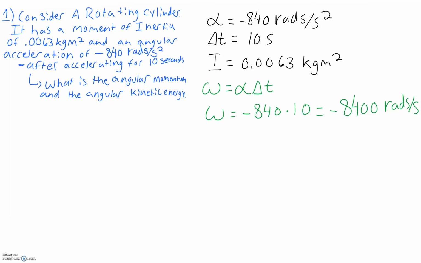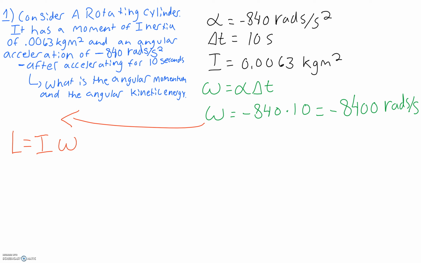Now we can begin solving for the angular momentum, which I will be doing in red. So if we bring it over here, we have the equation L is equal to I omega. So L, the momentum, is equal to the moment of inertia times the angular velocity.